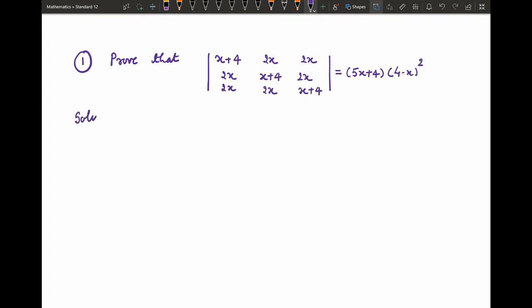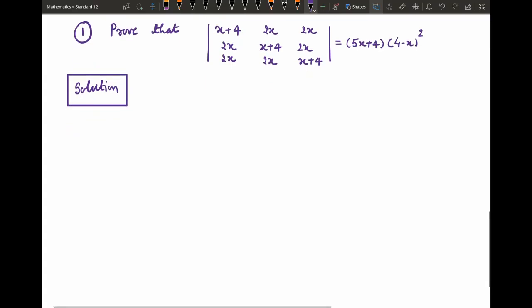So let us discuss the solution. We will prove LHS equal to RHS.